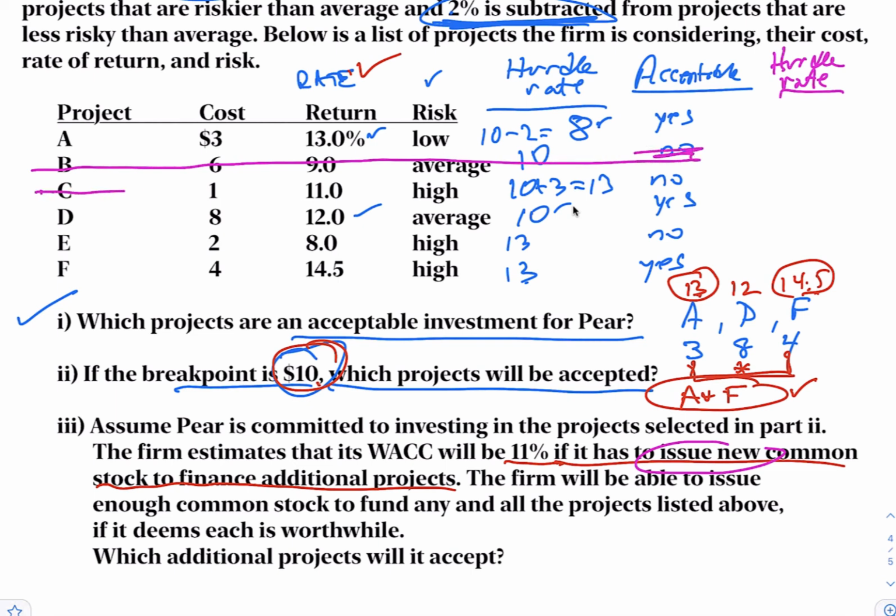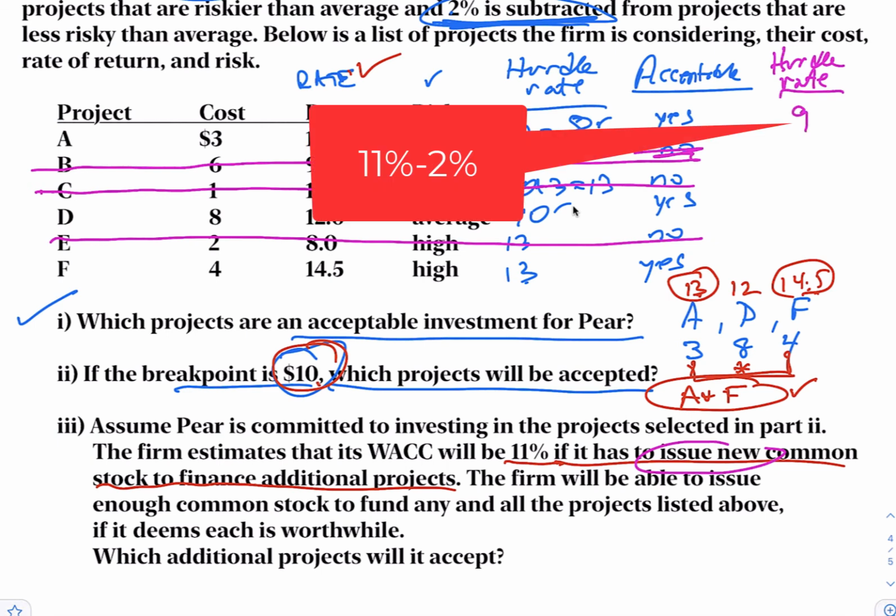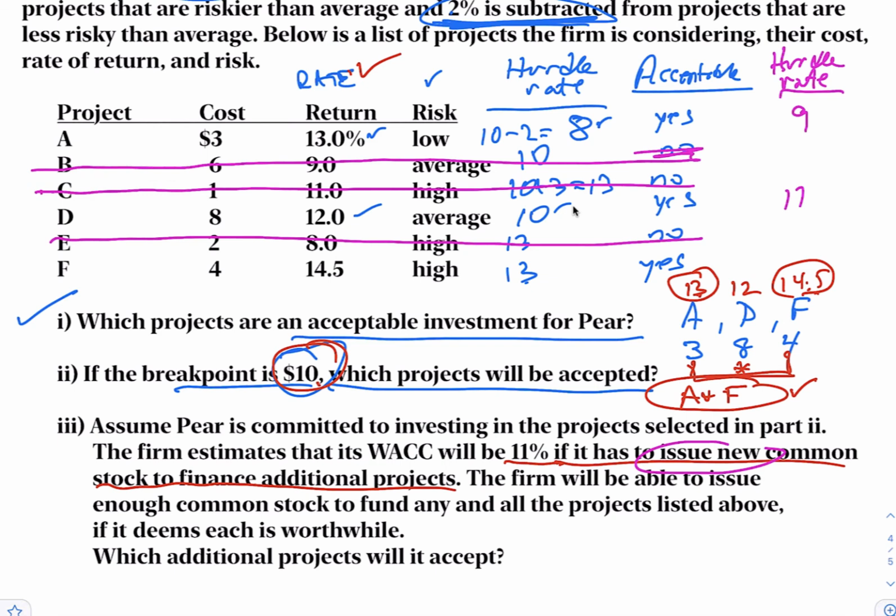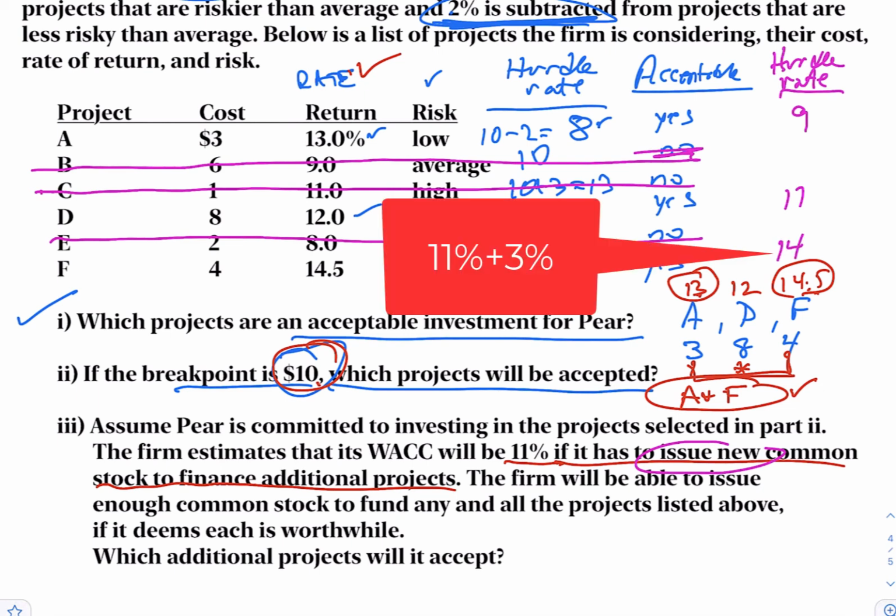And we can cross out C, and we can cross out E. So the hurdle rate for A will be now 9, and the hurdle rate for D will be 11, and the hurdle rate for F will be 14%.